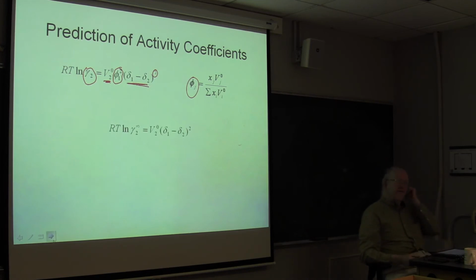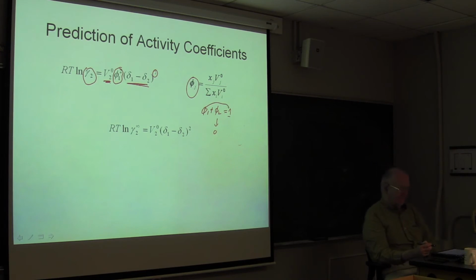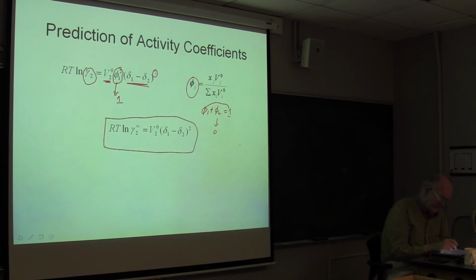And let me go to infinite dilution of species 2 in liquid 1. So if I make phi of species 2 equal to 0, then phi of species 1, if I make that 0, then the mole fraction of species number 1 has to be 1. So this becomes 1. And we now have the infinite dilution activity coefficient of species 2.